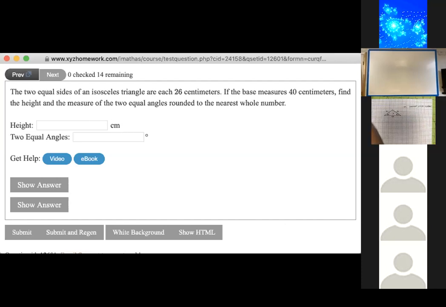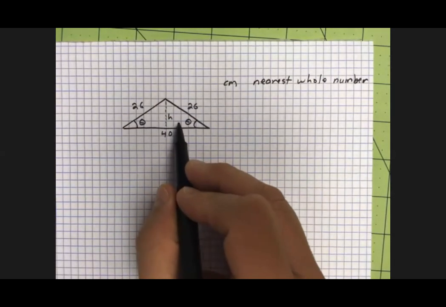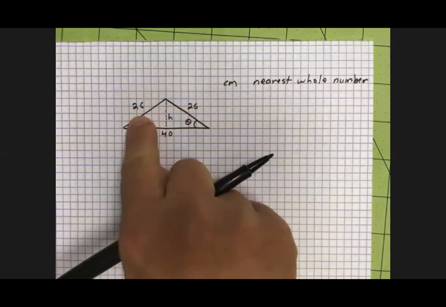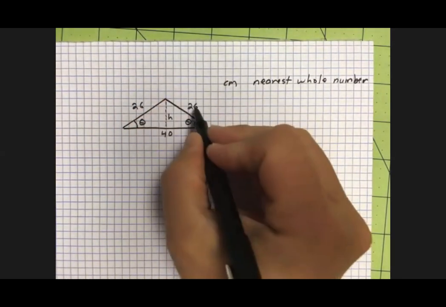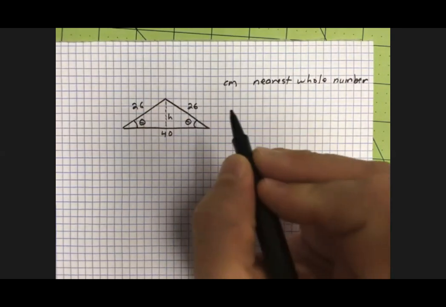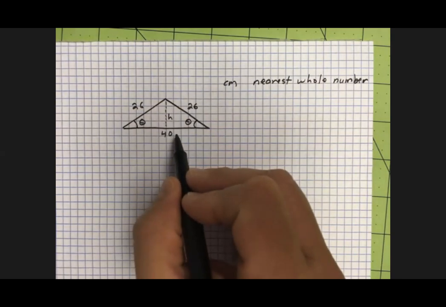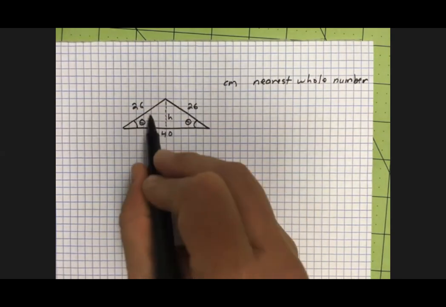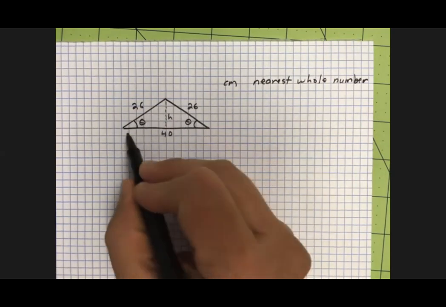Let me just make sure I got all the information. Okay, so isosceles triangle. An isosceles triangle is a triangle that has two sides that are equal. If three sides are equal, it's called an equilateral triangle, but here two sides are equal. Now, let's talk about the symmetry right here. So this is 26 and 26, and 40.